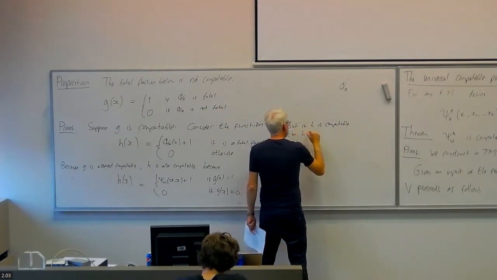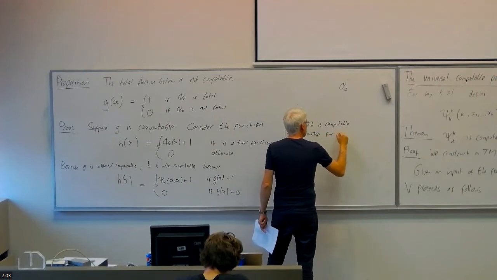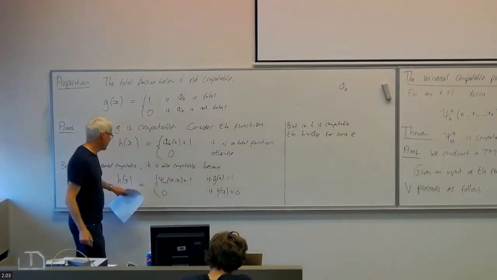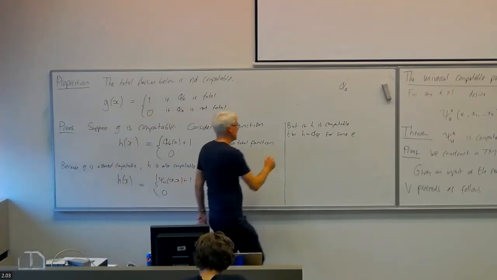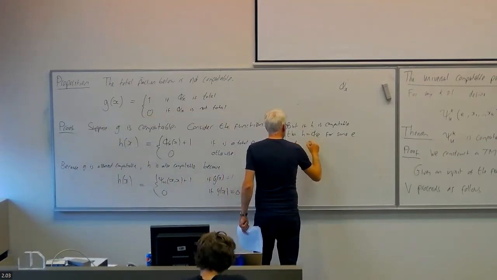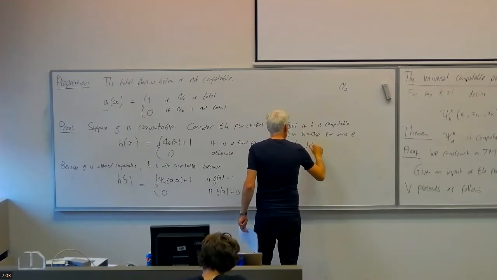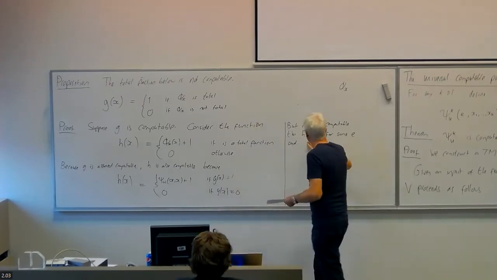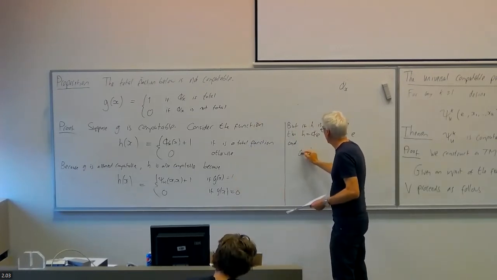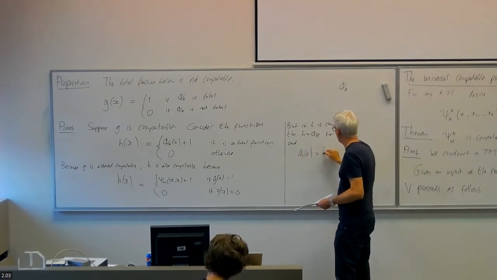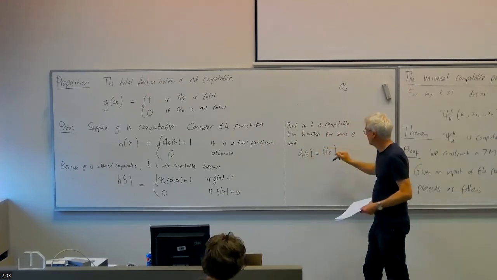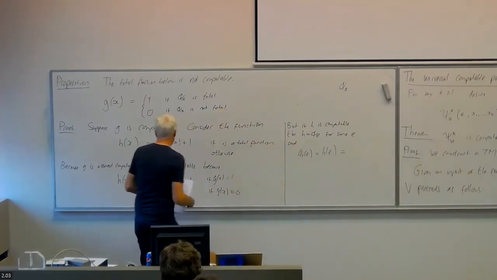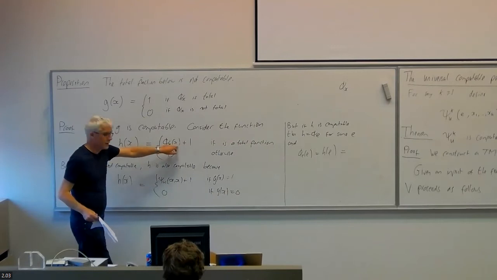So H is phi sub E for some E. And we get a contradiction: phi sub E of E equals H of E, which, because H is phi sub E, equals phi sub E of E plus 1.